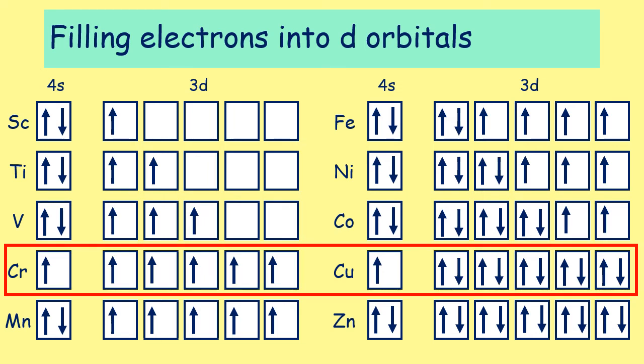So you do need to be really, really careful when it comes to chromium and copper. You also need to be careful that you're following Hund's rule, so that the first 5 elements within the D block, you're filling the D orbitals individually, and you're only starting to pair them up after the 5 orbitals have all had 1 electron in them.